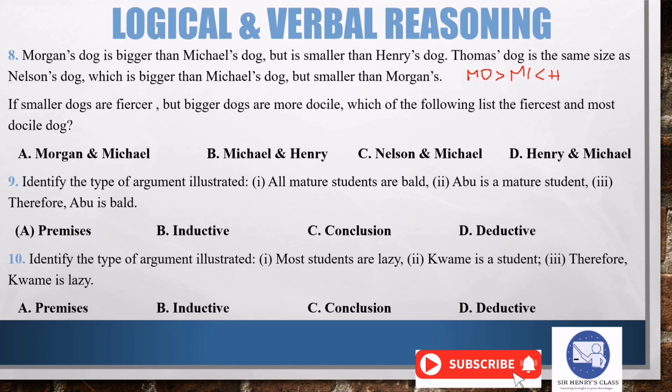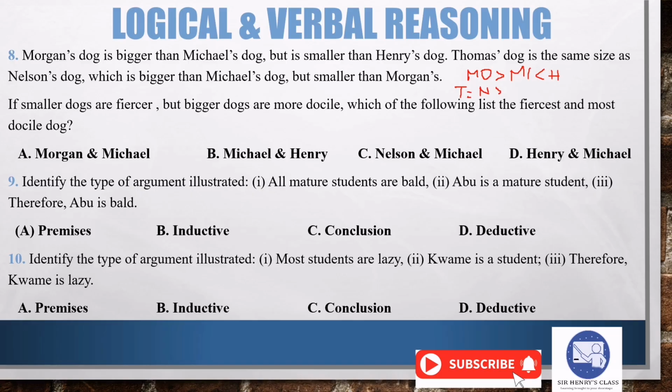Thomas's dog is the same as Nelson's dog. So Thomas, T, his dog is the same as Nelson's dog. Which is bigger than Michael's dog?